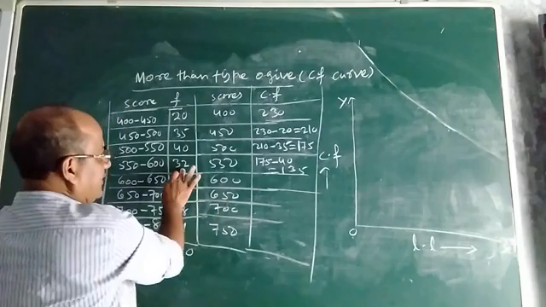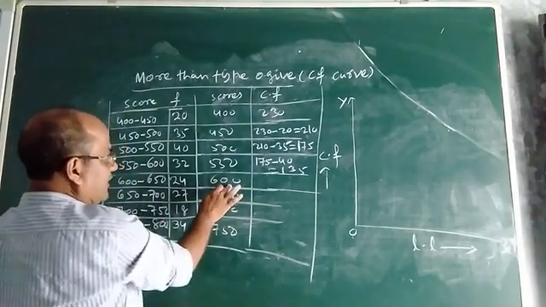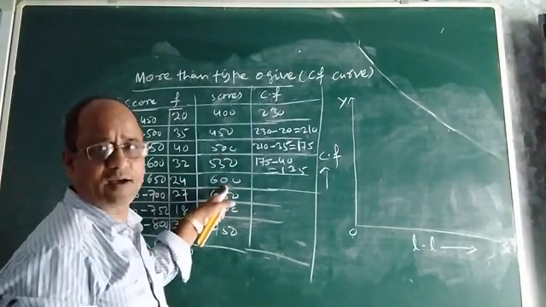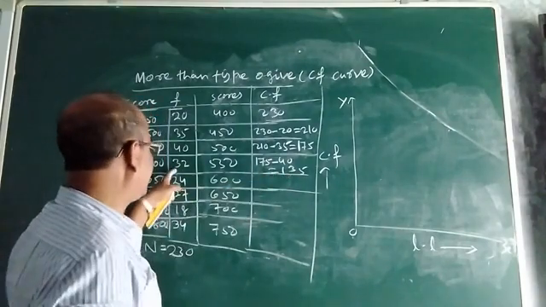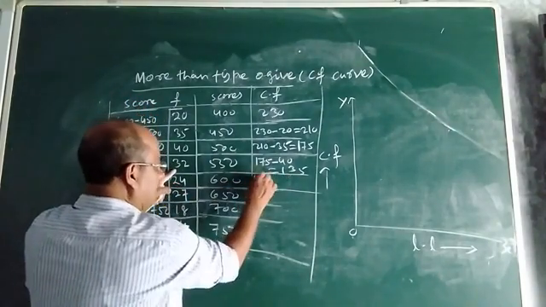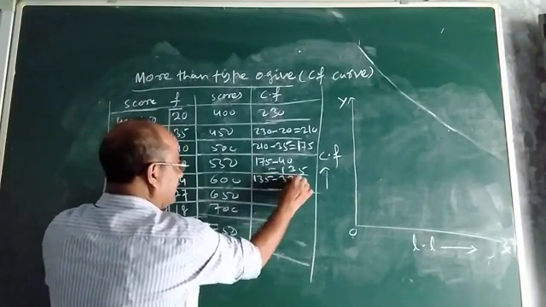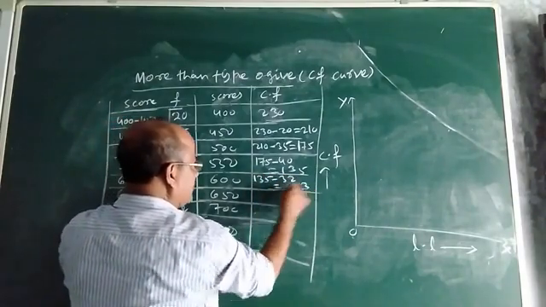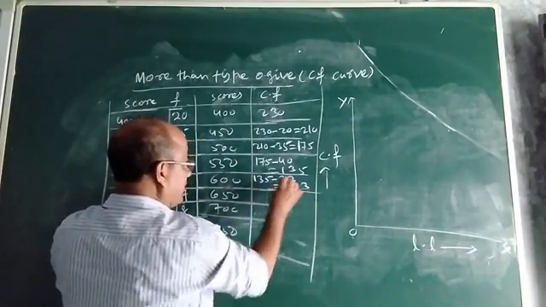Then 135 minus 32 will give you the cumulative frequency of 600. How to get it? 135 minus 32. 5 minus 2 is 3, 3 minus 3 is 0, so 103.